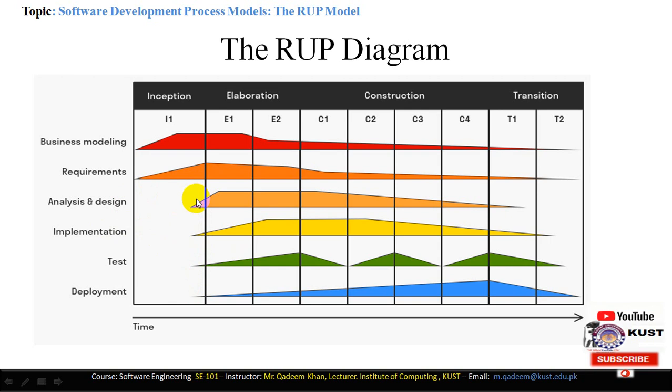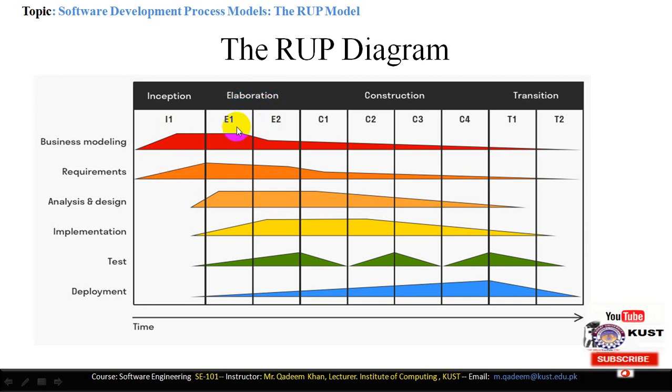That's why in the inception phase we have analysis and design, implementation, testing, and deployment in low quantity, while the business modeling and requirements have higher quantity, because here we will understand the business goals of the system, and also we will define the requirements of the customers.